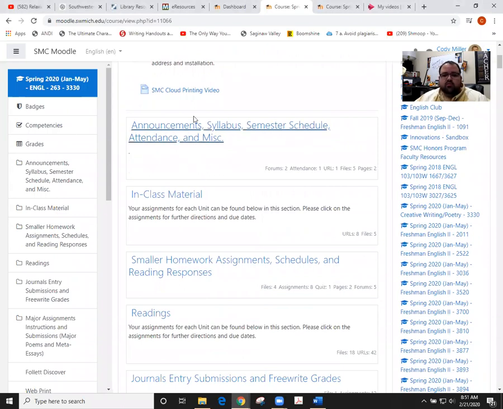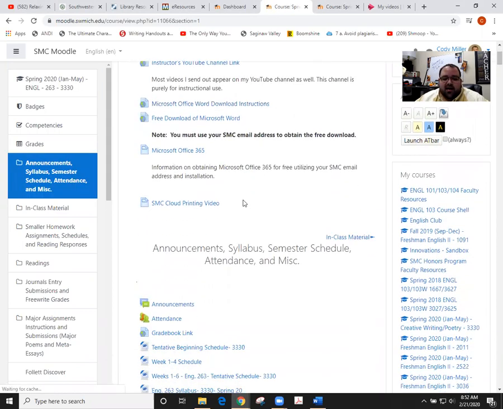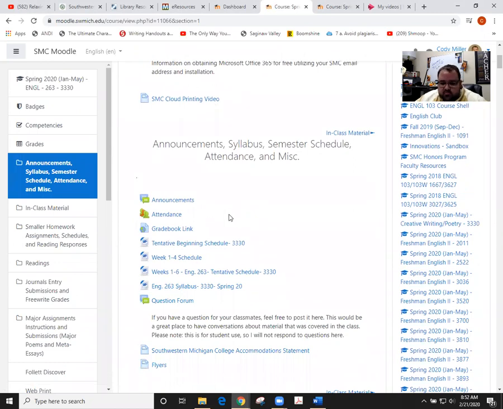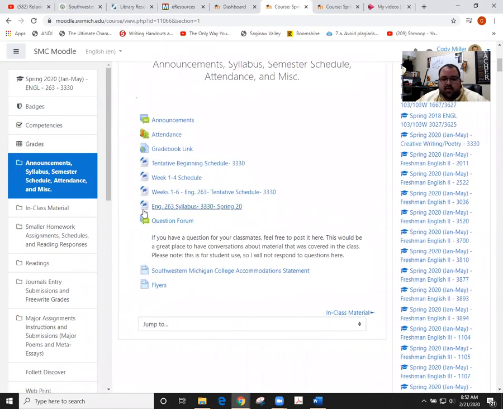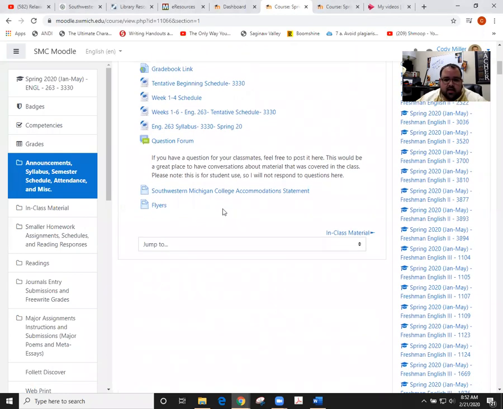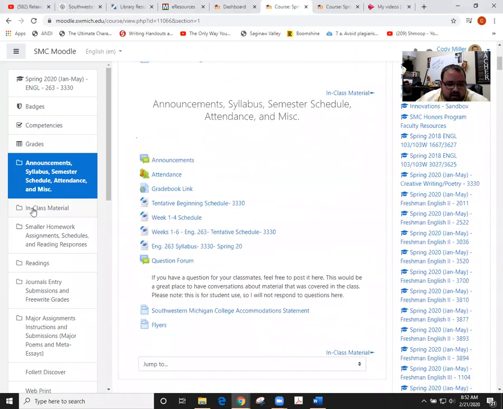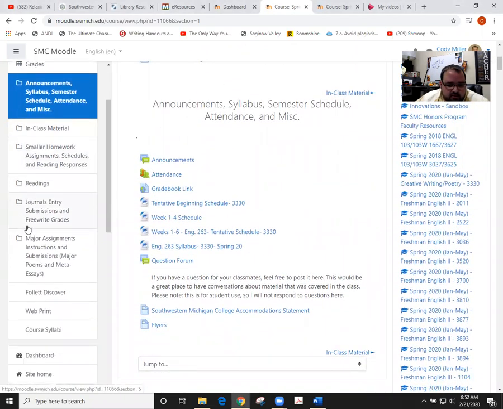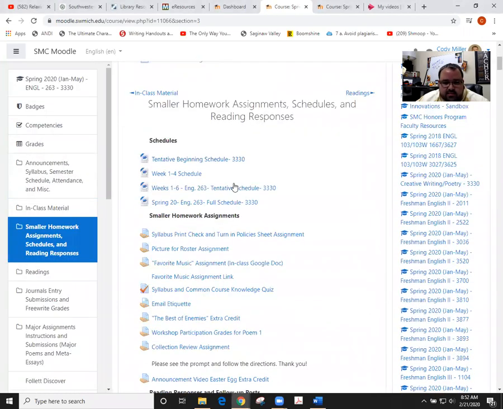So a couple things to remember: when we look in the announcement, syllabus, semester schedule, attendance, miscellaneous section of Moodle, I had some questions about how the semester plays out. So there is a tentative schedule, where's that at? That is not here. I need to get it there. It actually is underneath, I think, smaller schedules. I will move that up within that section.